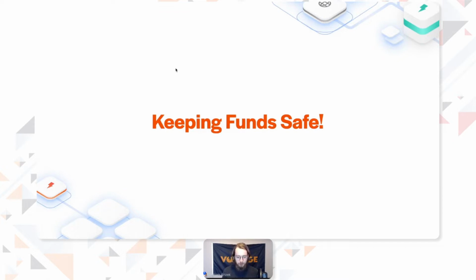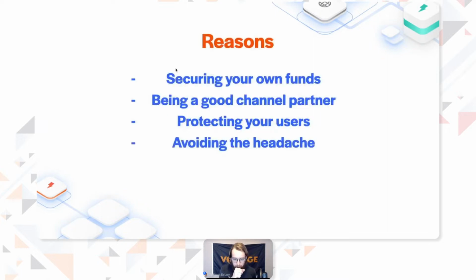That makes it very important to focus on security when you're using the Lightning Network and Bitcoin in general, because this is ultimately your money on your computer or your node, and so we need to really focus on keeping that safe. Securing your own funds is the big obvious reason, but there are some other additional things that are important when securing your Lightning node.